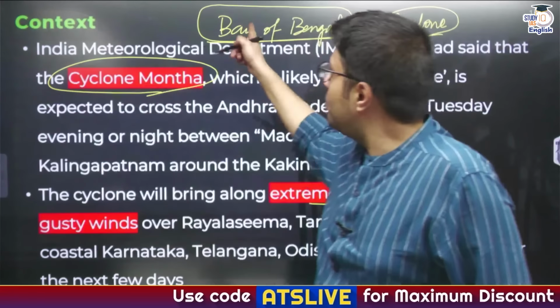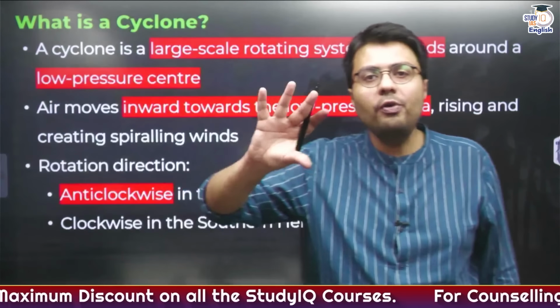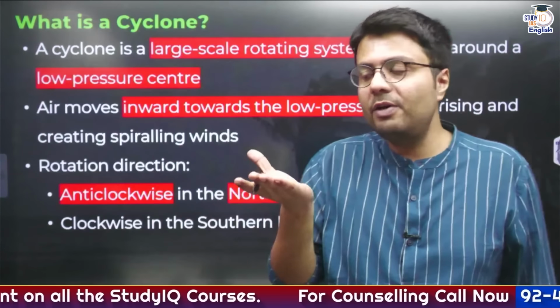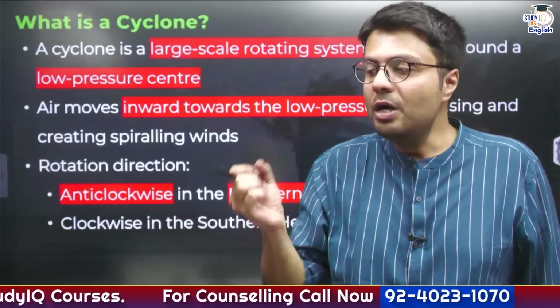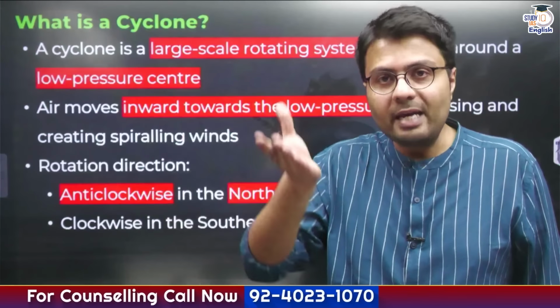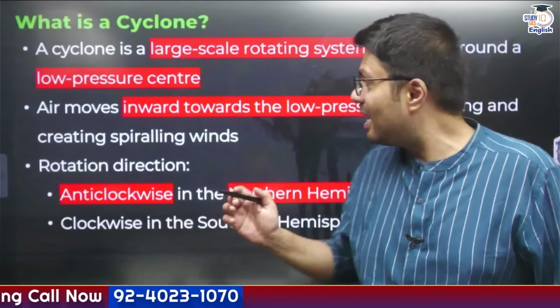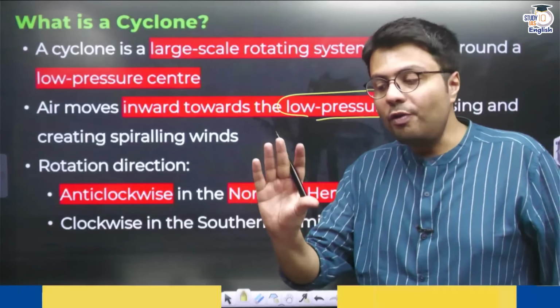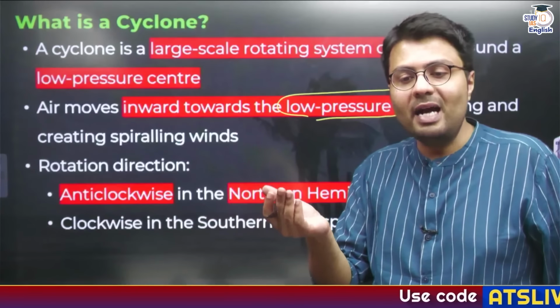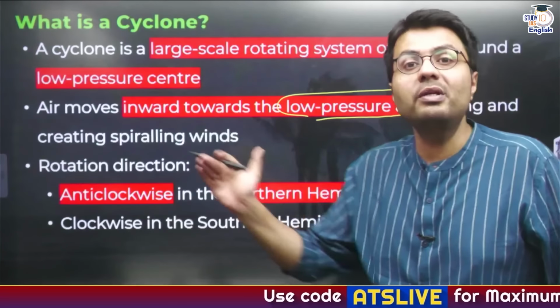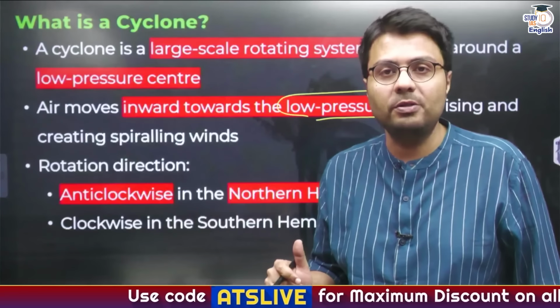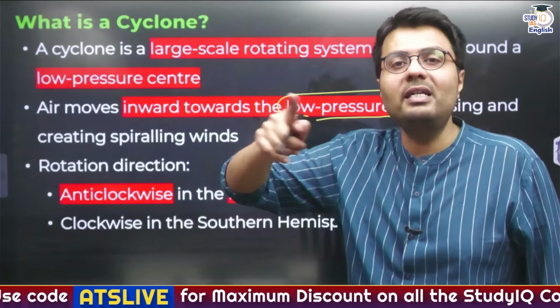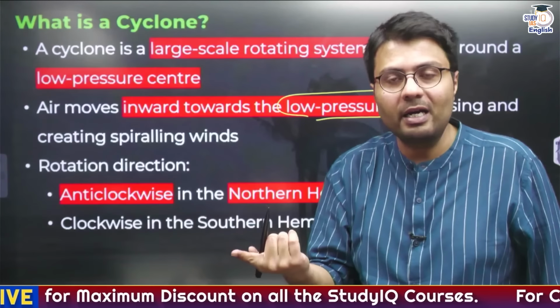Now, a tropical cyclone is a large system of rotating winds, and this happens whenever the temperature of a region rises. Whenever the temperature of a region rises, it leads to intense heating, that leads to the formation of a low pressure area. The consequence of the formation of a low pressure area is that the air around the region moves inward inside this low pressure system, and when it spirals, it creates a condition known as cyclonic condition.